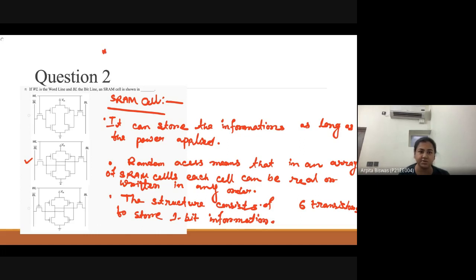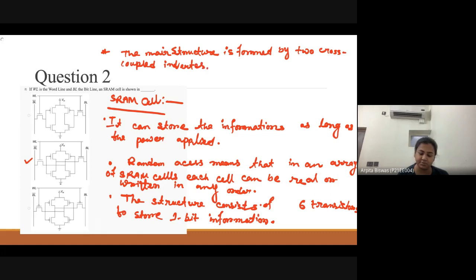And the last point is the main structure is formed by two cross-coupled inverters, where the output of each inverter is fed as input to the other inverter.